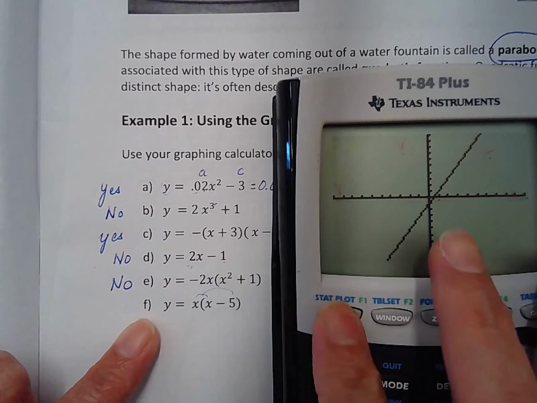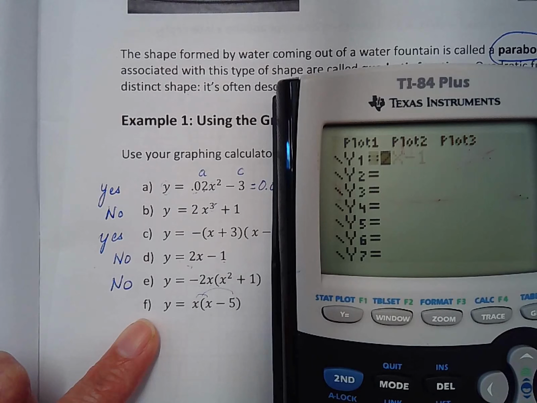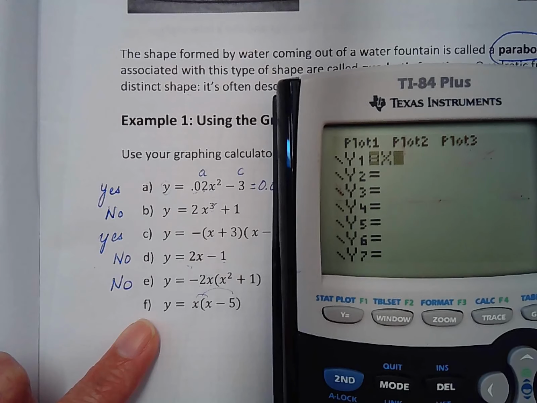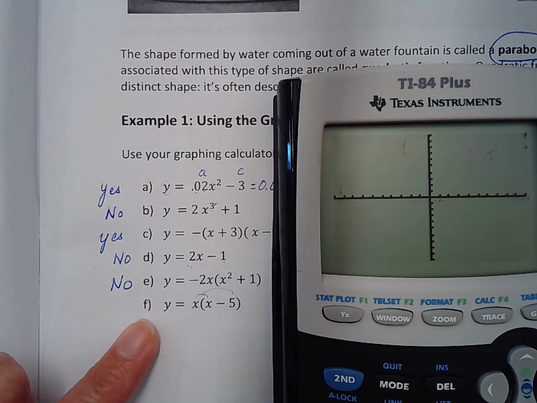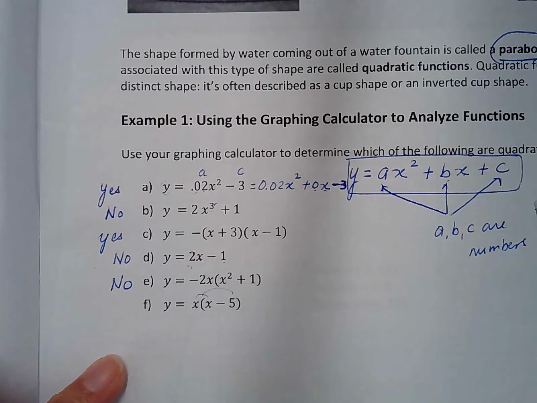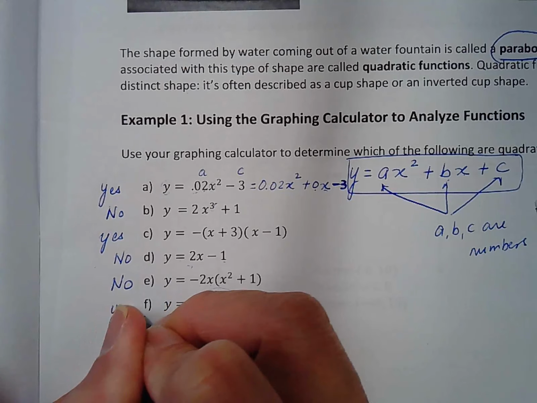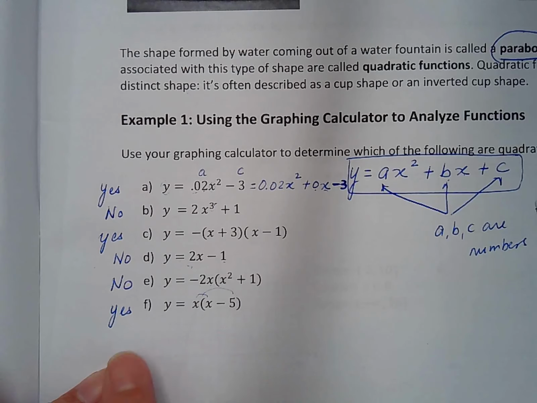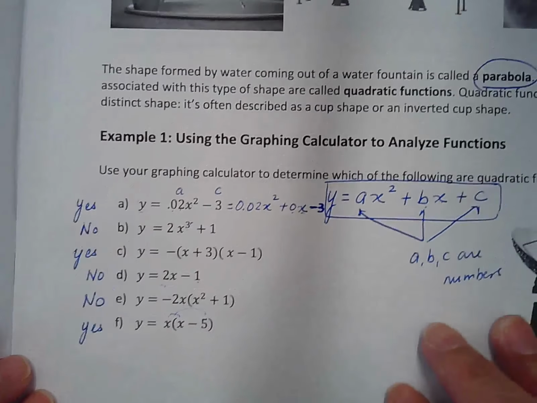Another answer would be yes, it's a parabola, because if I go x minus 5, that gives me a parabola. So you have two possibilities. Yes, you graphed it and it's a parabola. Or yes, if I expand it, it will give us x squared. Okay, very good.